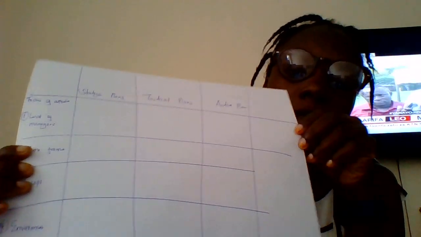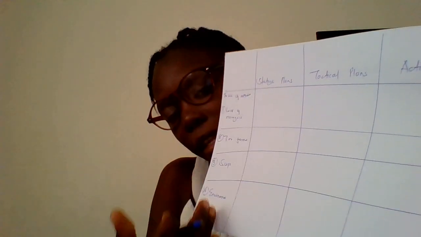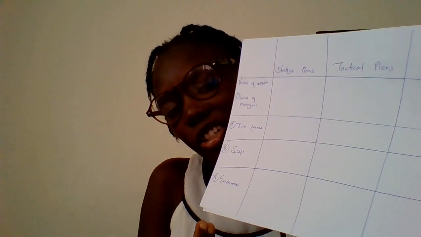So we are going to have something like this. This is our template for all the plans, the strategic plans, the tactical plans, and the action plan. And then this is the column for focus of attention. So we need to fill each category with the focus of attention. So we are going to start to fill our template.